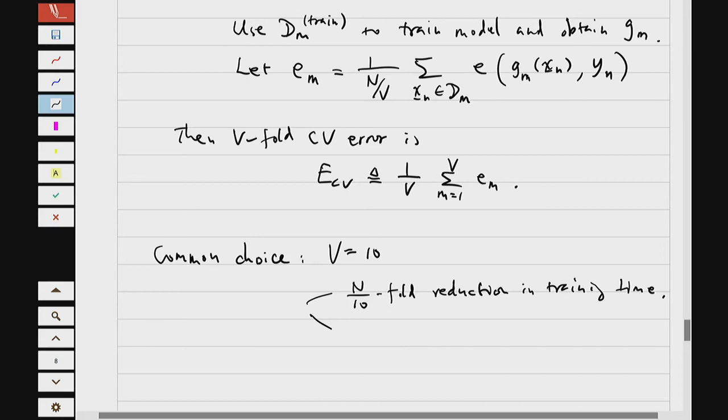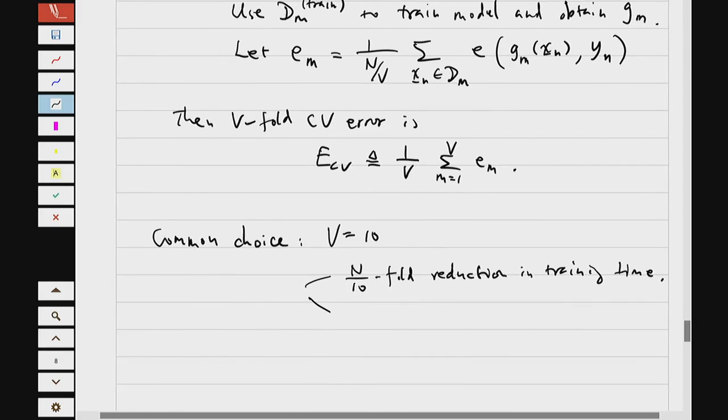Why is that? Yeah, we have less data now. We only have 90% of the data left, so we have 10% less data for training each time. But that's something that you have to give up. So there's a trade-off in general.